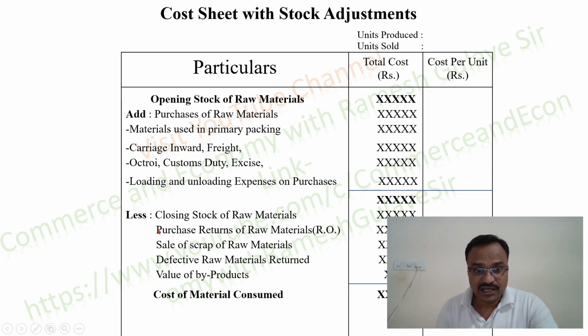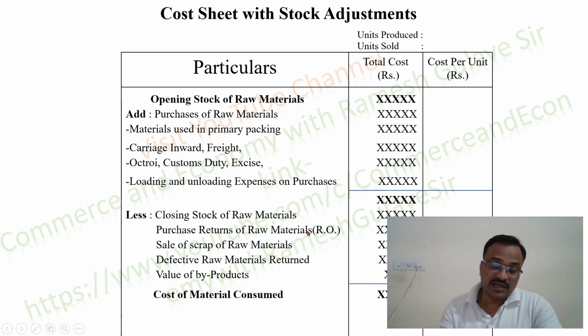We subtract closing stock of raw material, then purchase return of raw material if defective goods are returned, then sale of scrap of raw material. Sale of scrap of raw material is subtracted while we calculate the cost of material consumed.